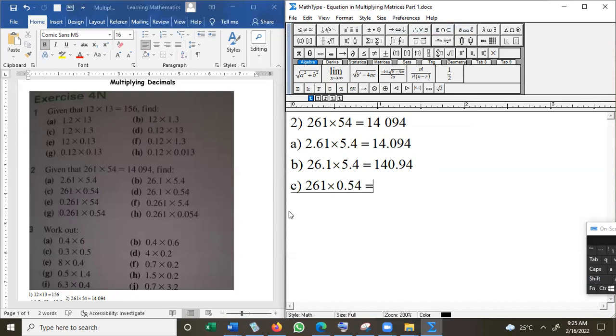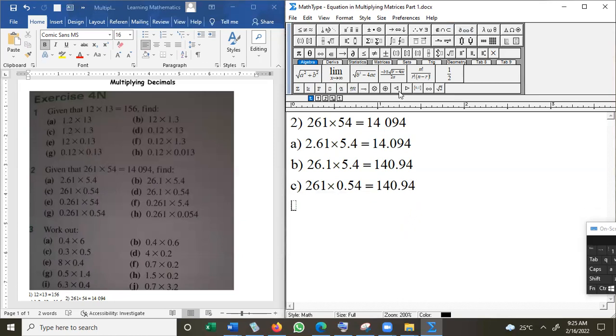So again, because we have 261 and we have 54, the answer must have 14094 in that sequence. But how many decimal places? So 261 has no decimal places, but 0.54 has 1, 2 decimal places. So the answer will have 2 decimal places. Okay, so 140.94.